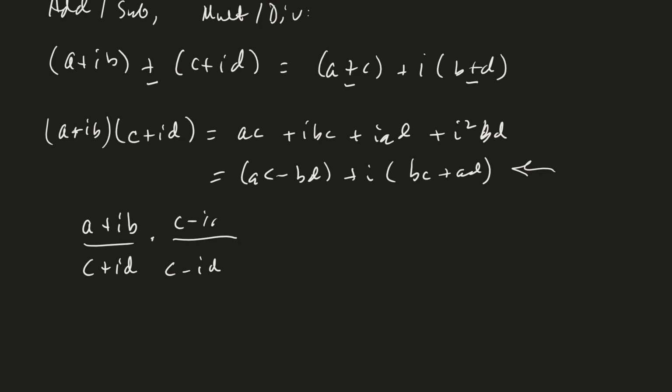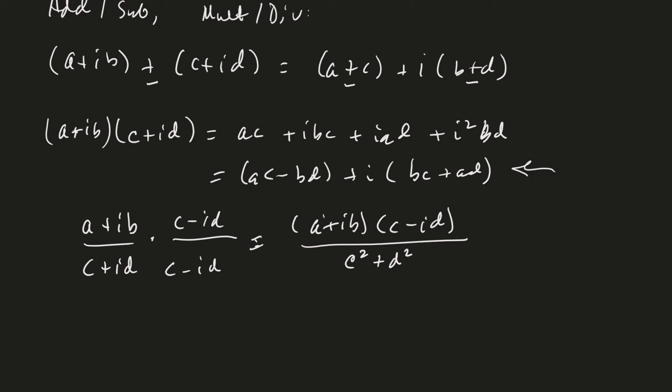So I'm going to leave the top, a plus ib. We know how to multiply these now. And so you would go ahead and multiply out the numerator. It's the denominator that's important here because now we're not dividing by a complex number, we're dividing by a real number. And we know what it means to do real arithmetic.